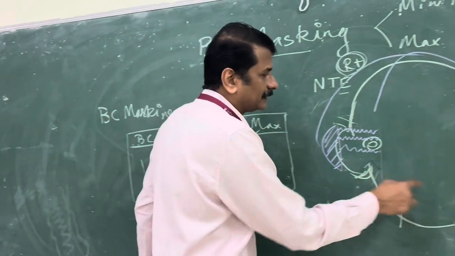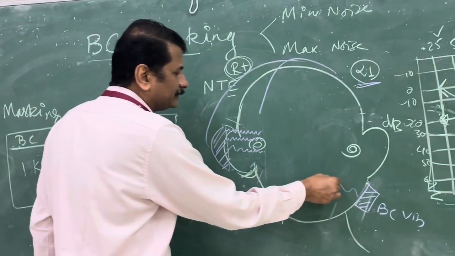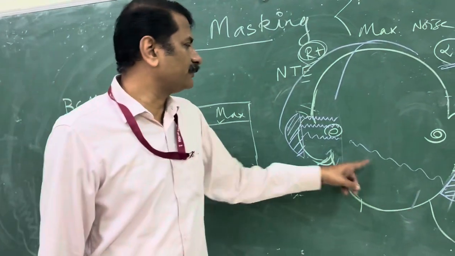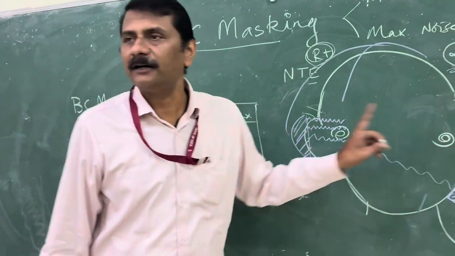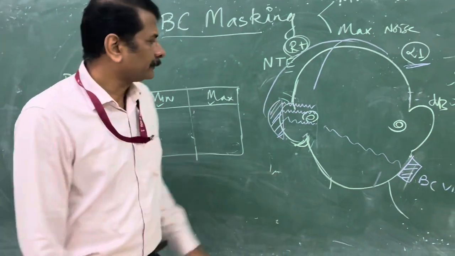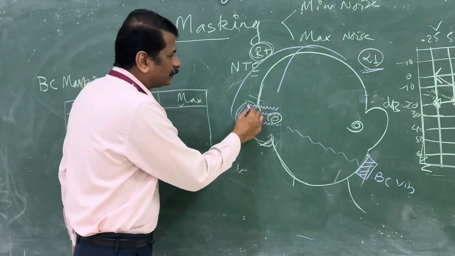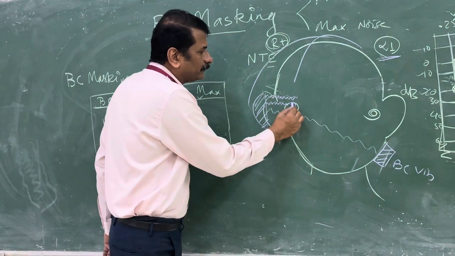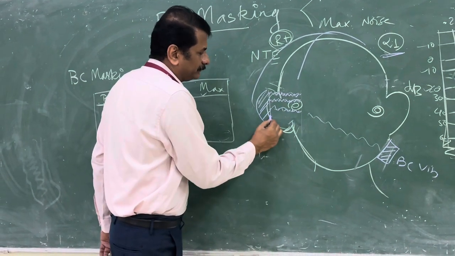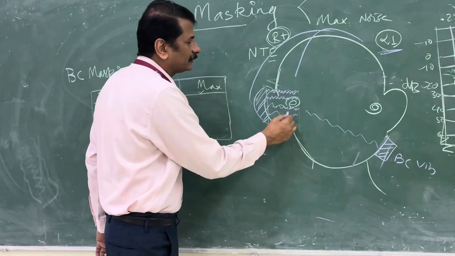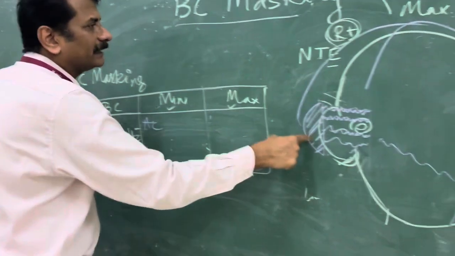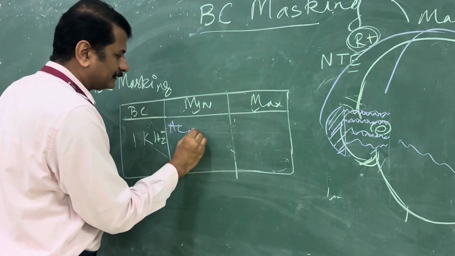So in this particular setup, when you are giving a BC tone, what happens? This BC tone reaches both the cochleas. So this noise should be just enough to mask the cochlea. So what should be the amount of noise? Just enough to mask the cochlea, this is the AC of which ear? The non-test ear.